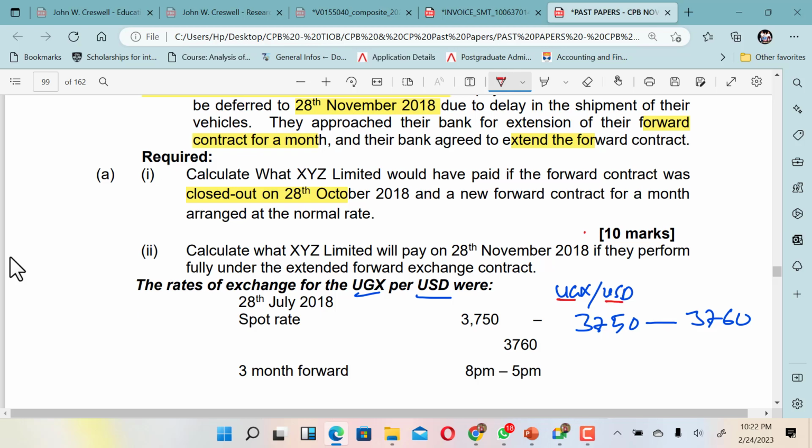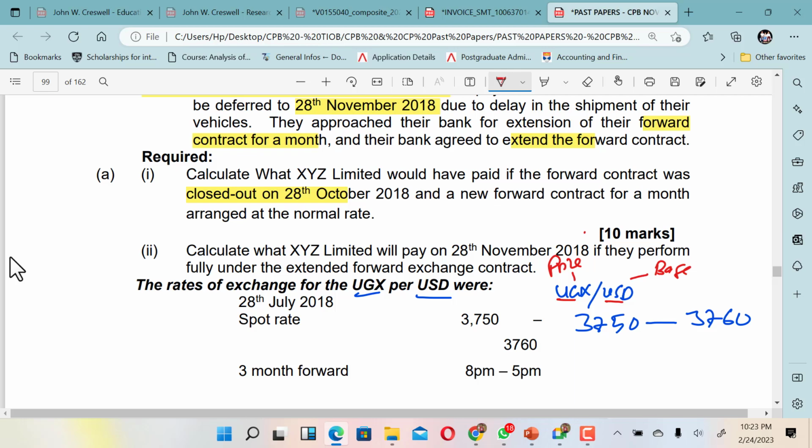So in East Africa, USD is the foreign currency, which means it is the base, whereas UGX is the price currency. That qualifies this one to be termed as the direct quotation.